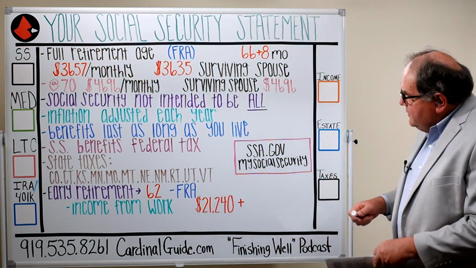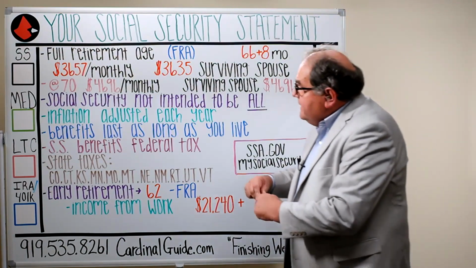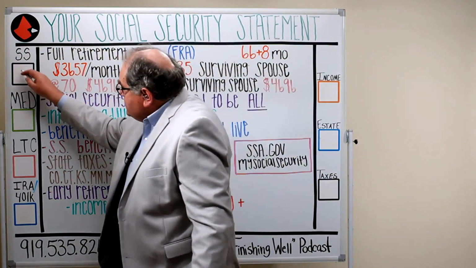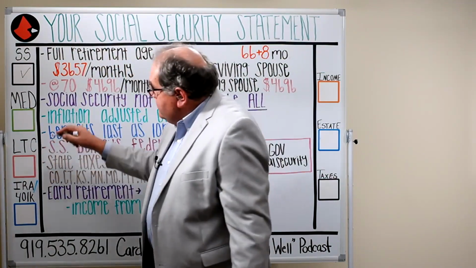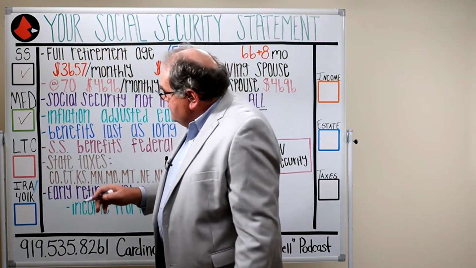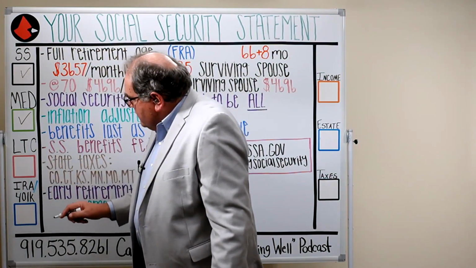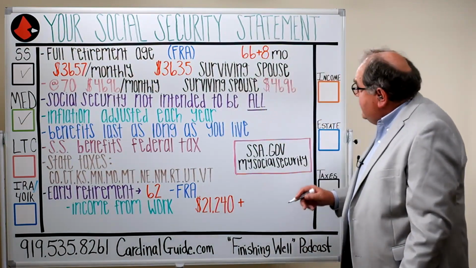So what I want to do is go over the 7 worries that are up here. We talked today about Social Security. On the Social Security statement is some good training about Medicare, so I want you to pay attention to that. We really didn't go over long-term care. We didn't talk about IRAs and 401ks.